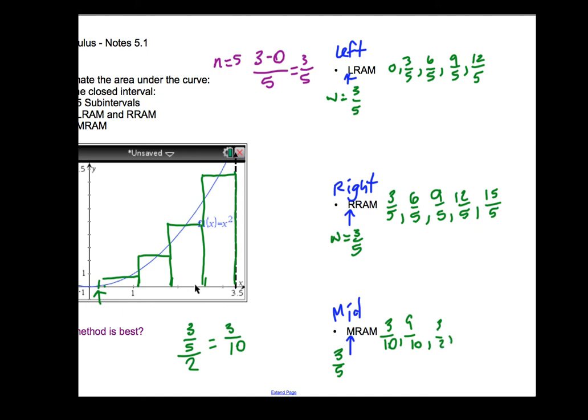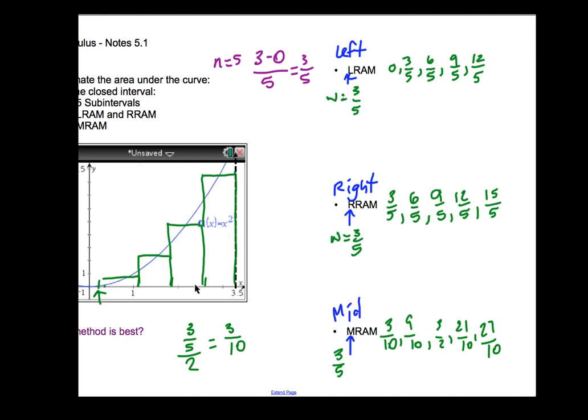And then 3/5 to that is 21/10. And then 3/5 to that is 27/10. And so that gives me my 5 subintervals right there.